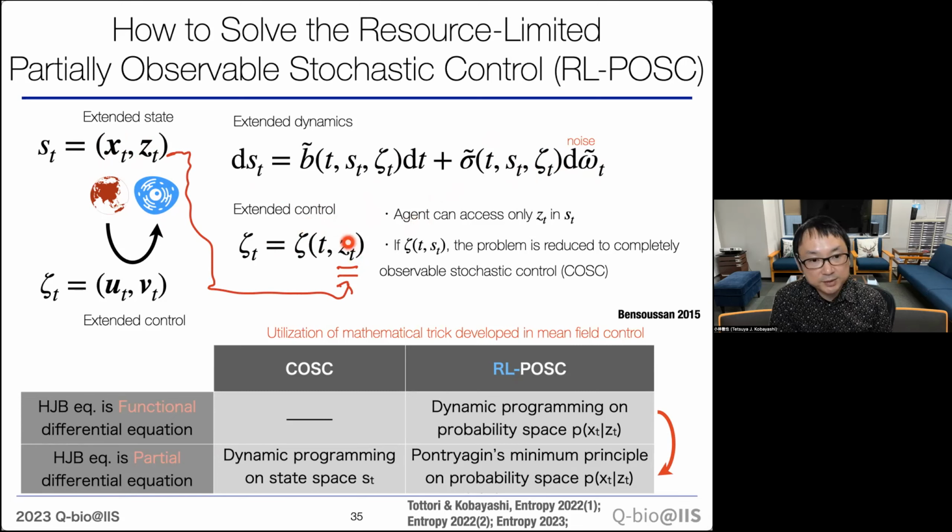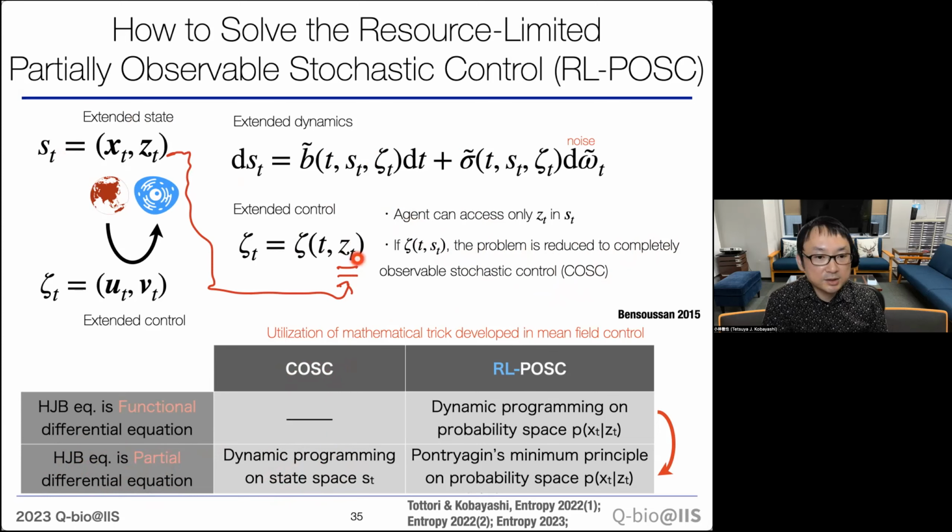If this Z is replaced with the whole extended state, then this problem is reduced to the so-called completely observable stochastic control problem. That problem can be solved by using dynamic programming on state space. In this case, we have to solve the HJB equation in the form of a partial differential equation. This is accessible.